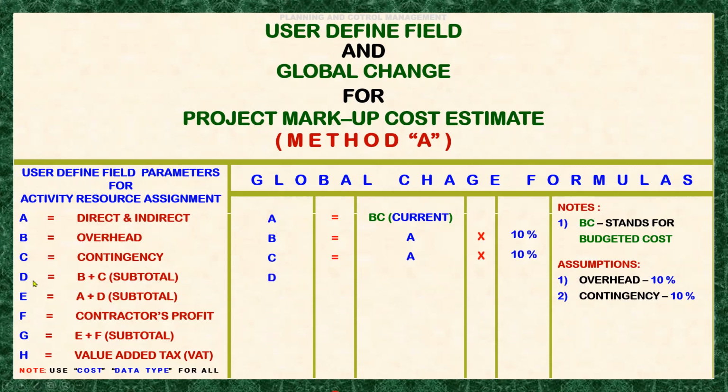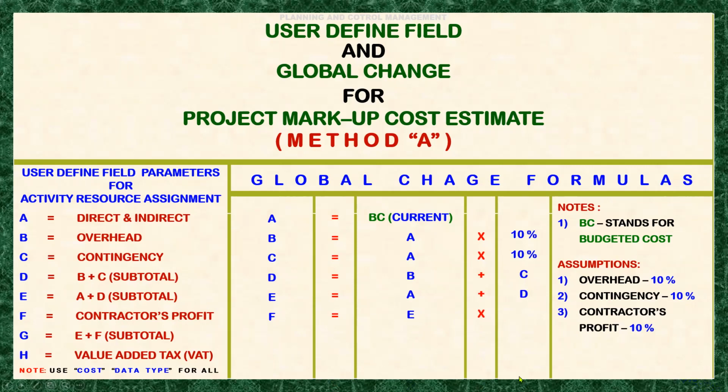Next is the subtotal, so that is fine. Next is the subtotal of A plus D. Okay, that's fine. Next is the contractor's profit, which is equal to the last subtotal multiplied by the contractor's profit, which we assume is 10%.